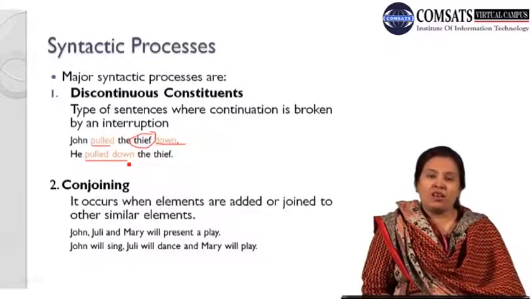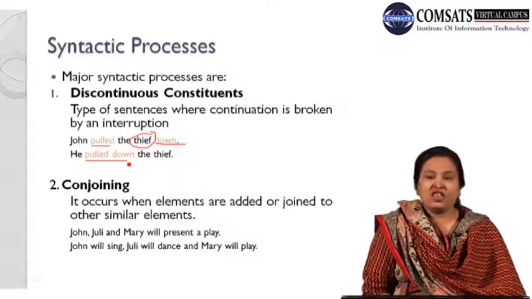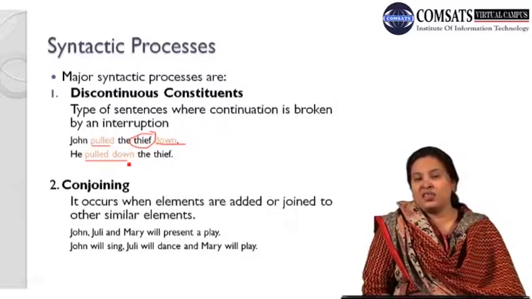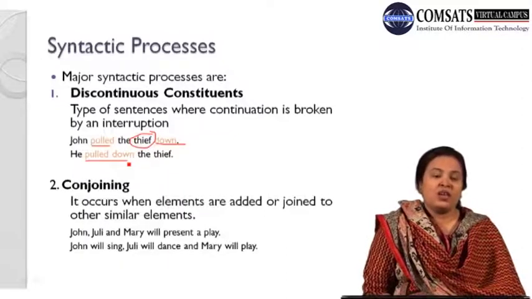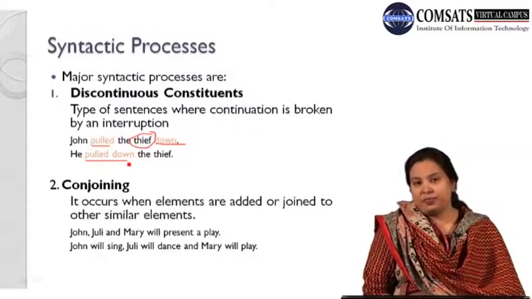But it's the matter of the knowledge you want to convey, the matter of your stress, the matter of anxiousness that you want to arouse. Because of these things you break off these elements, and as a result we get some syntactic processes known as discontinuous constituents.